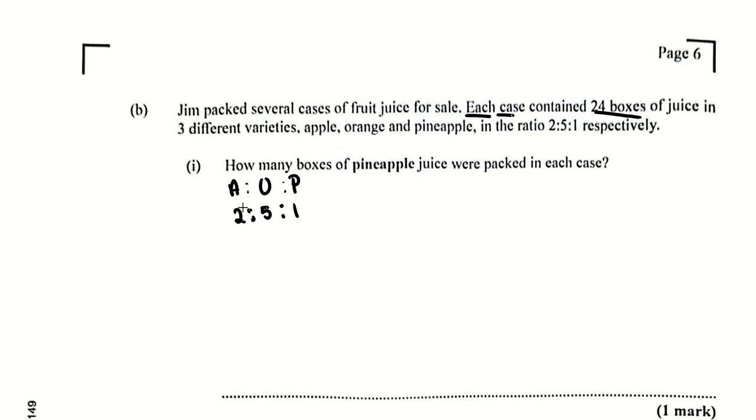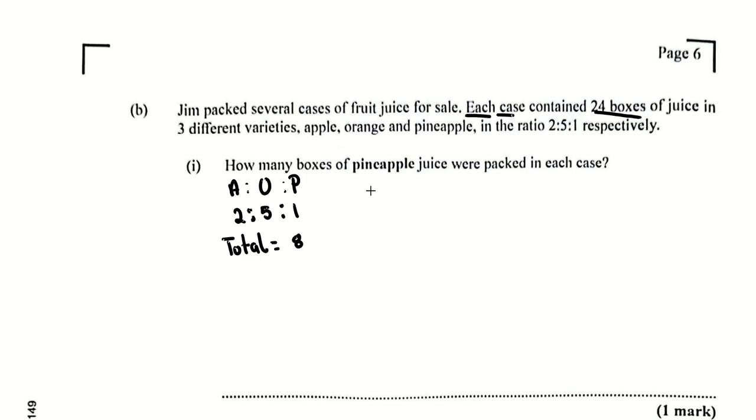Everyone understands that so far? Now, the total number of parts, and I'll show you a different way to do this, would be 8 parts, right? 2 plus 5 plus 1 is 8.